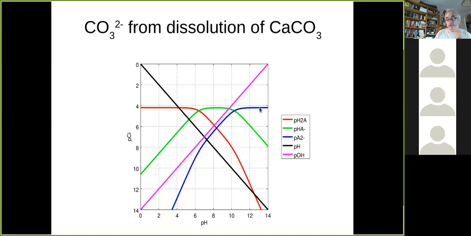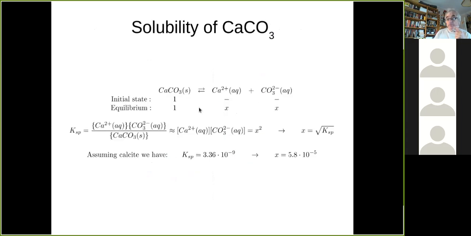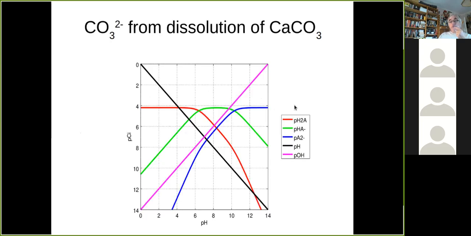We started essentially with only carbonate ions, but that is not possible with just dissolving calcium carbonate because it's too little soluble, and the level of carbonate ions is so small that we can't expect them to become untouched by the water molecules.